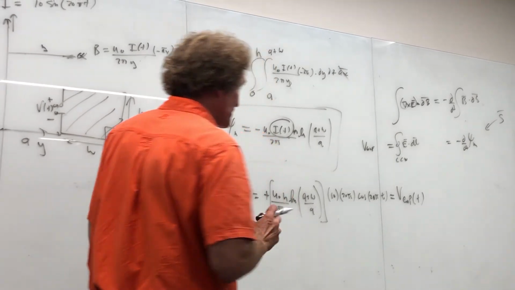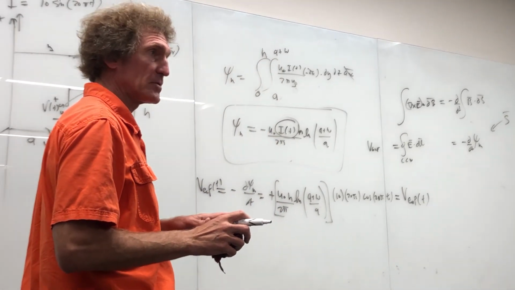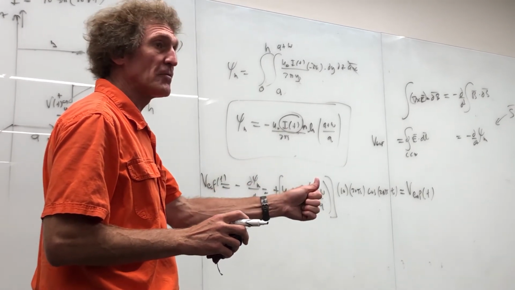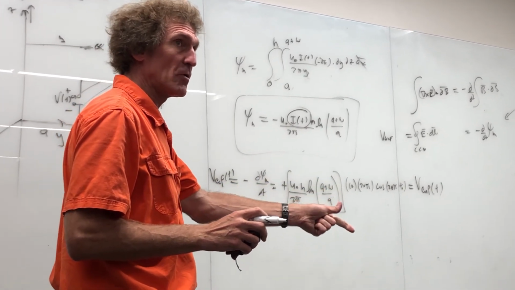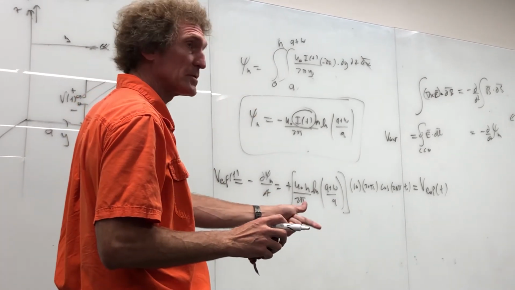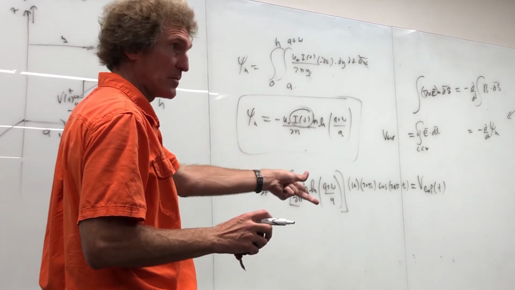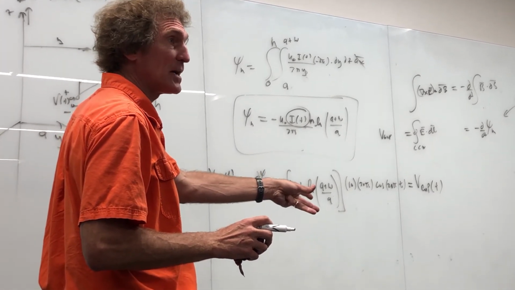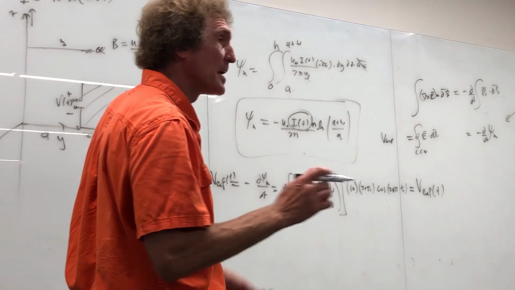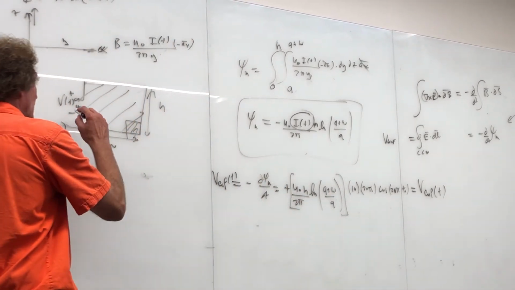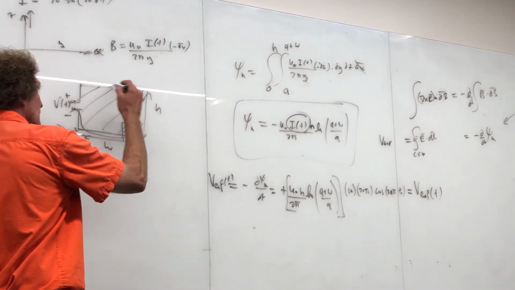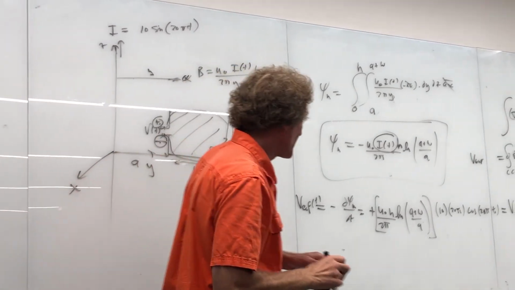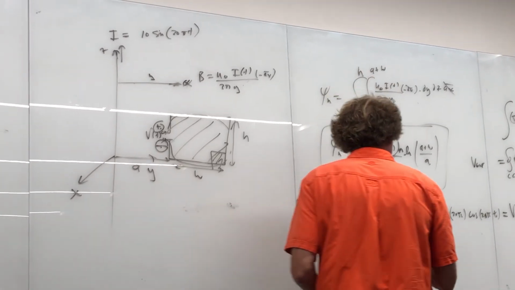But this is the part you have to appreciate. Do you see the steps I took to get this, everybody? I found the B field from the current. I integrated the B field over the cross section, or really over the surface. Then I took a time derivative of that. After I did that, I multiplied by a negative sign, and I set it equal to V EMF. That means the voltage found by integrating E dot dl around here, such that this will be positive and this will be minus, will in fact be this right here.